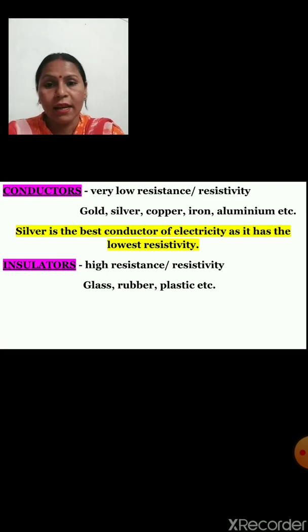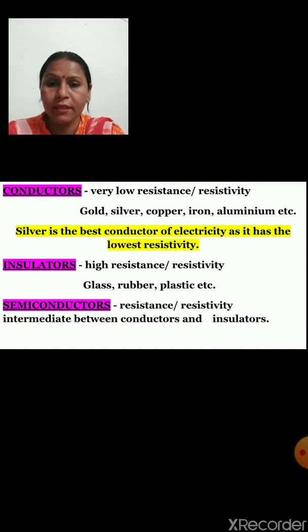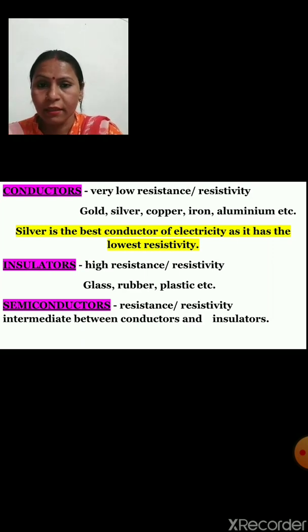Now students, I am adding one more term here, that is semiconductor. Now you will be familiar with the new term semiconductor. Semiconductors are the substances which have resistance not as high as insulators, not as low as conductors.